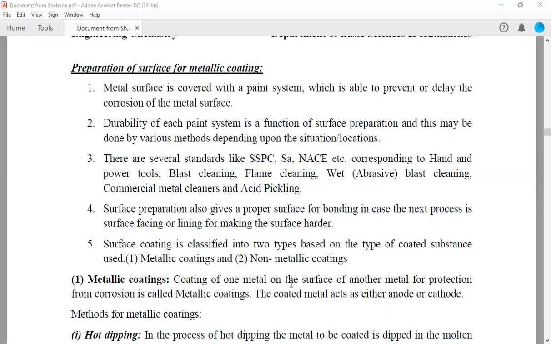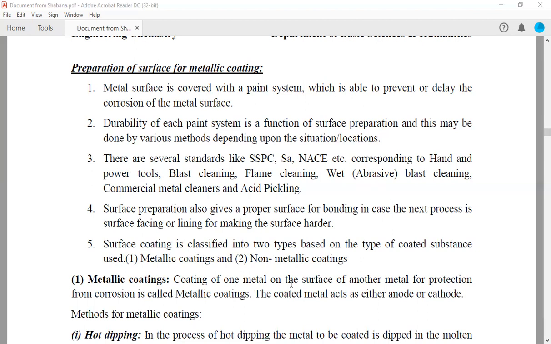The metal which is protected is called the base metal, and the metal which is coated on the surface of the base metal is called the coating metal. Metallic coatings are broadly classified into two types: anodic coating and cathodic coating.